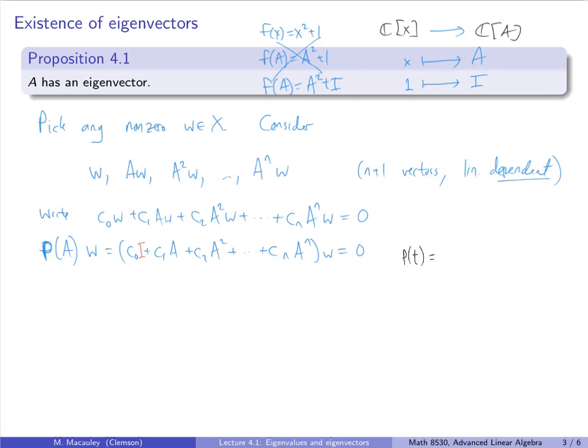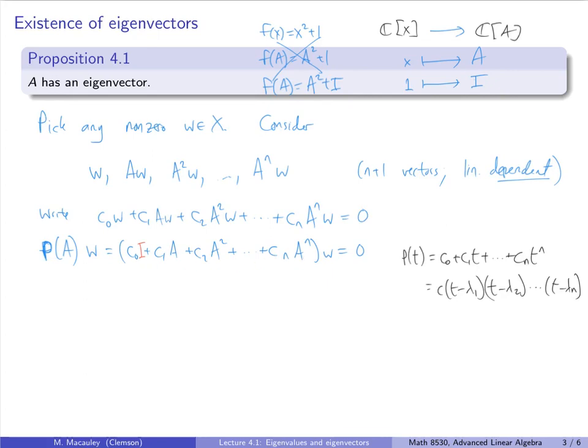It is c naught plus c1 t plus cn t to the n, and we can write this as some constant times t minus lambda 1, t minus lambda 2, all the way up to t minus lambda n. So this polynomial we can factor.